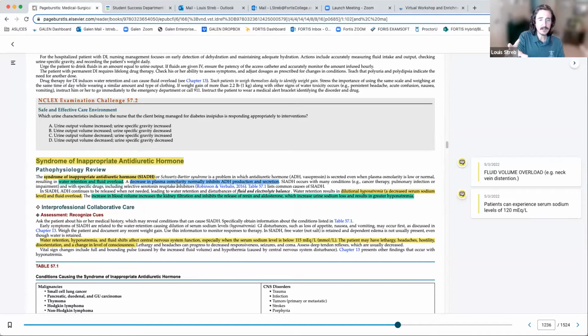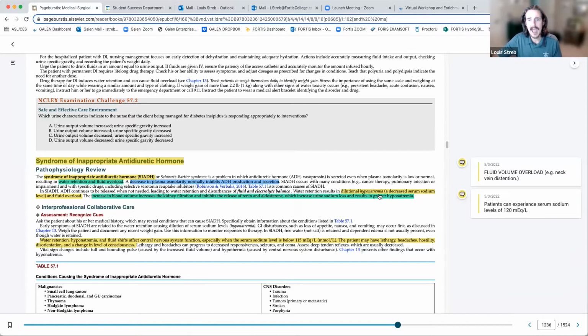So my body is going to be like, you need to pee some of this stuff out to get your plasma osmolarity back to normal. That's how the body works. Everything is a compensatory mechanism. It works to get to homeostasis. Once you realize that your body's only secreting something to make something else more normal, it starts making sense. So here we go.